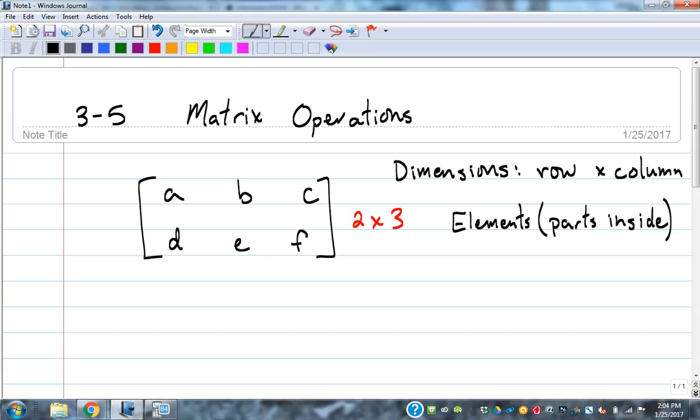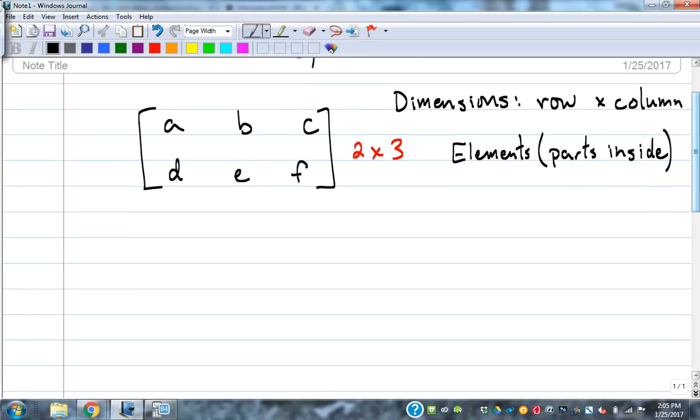Now, the first operations we're going to talk about are addition and subtraction. There are a couple of rules we need to know for them. Remember, order of operations wise, addition and subtraction are the same level.